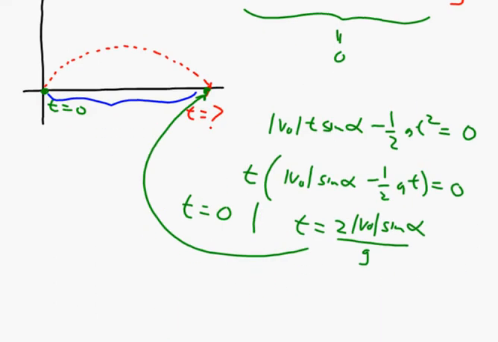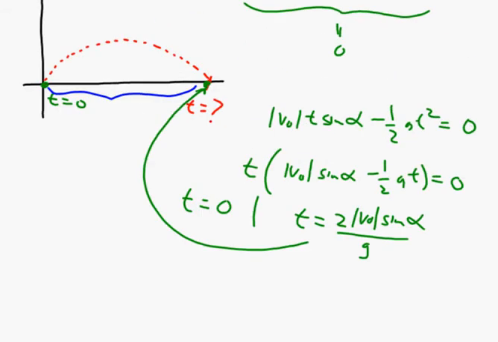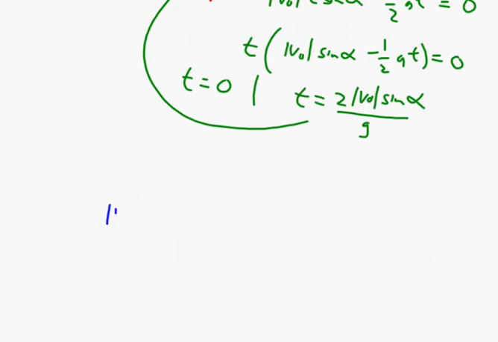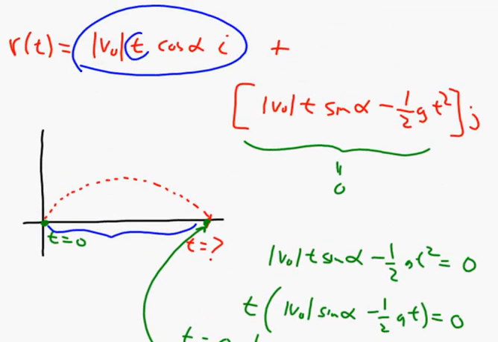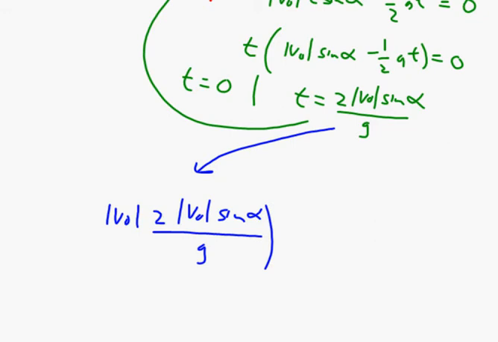All right, so if I do that, let's just look at it. It's norm V0. And then instead of writing t here, I'm going to write this expression. So it's going to be times 2 norm V0 sine alpha over g. So that's where t was before.